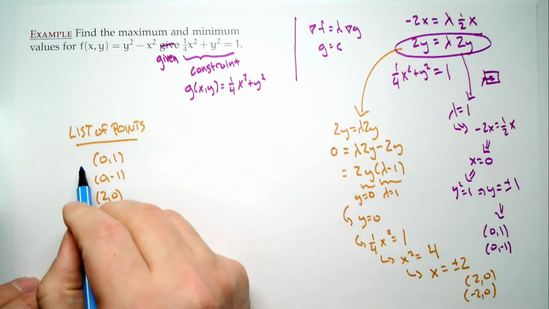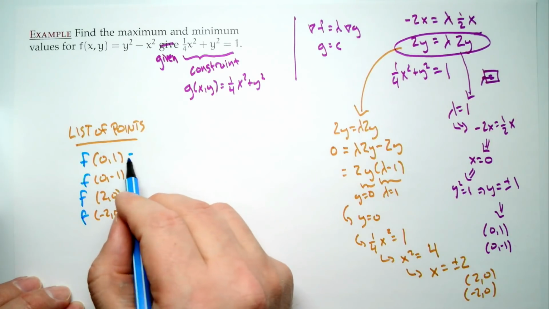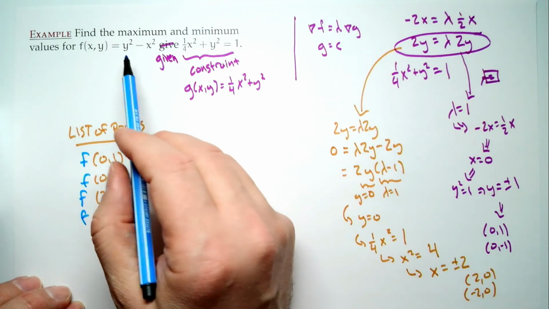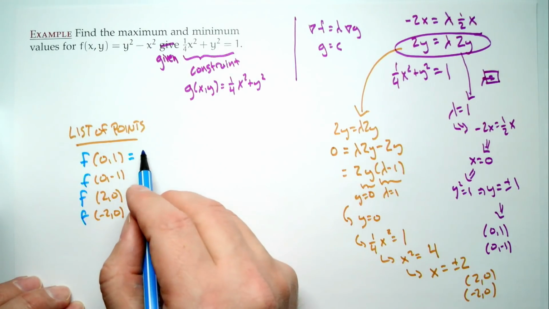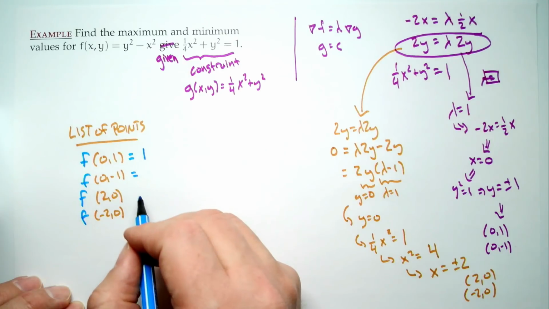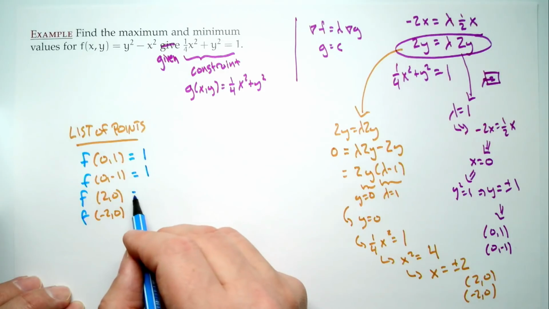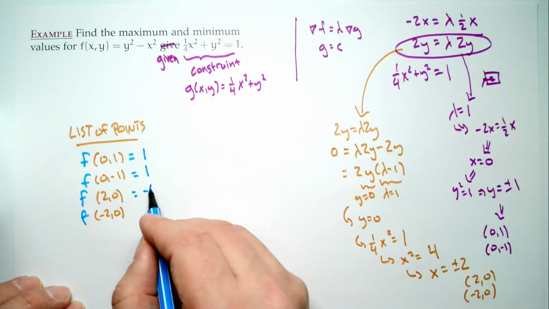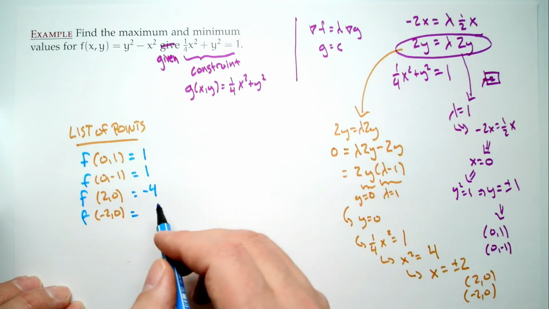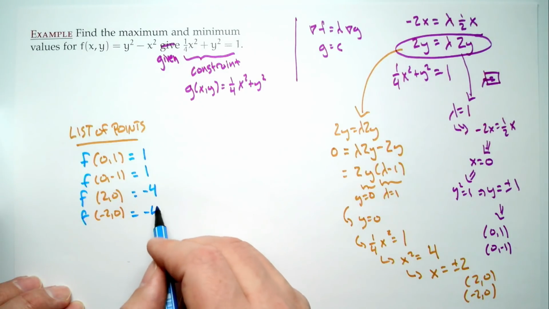Okay, so f at (0, 1). Well, we're going to get 1 squared minus 0 squared. That's 1. f of (0, -1): negative 1 squared minus 0 squared, 1. (2, 0): 0 squared minus 2 squared, negative 4. (-2, 0): 0 squared minus negative 2 squared, negative 4.